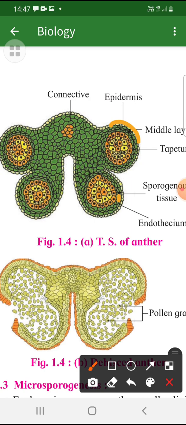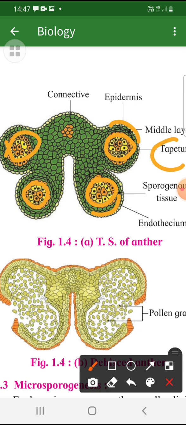After epidermis, it was the endodermis or endothecium, right? We don't use the word dermis, endo here. And the next layer, we are talking about this orange cell in all the four pollen sacs. You call that the tapetum.